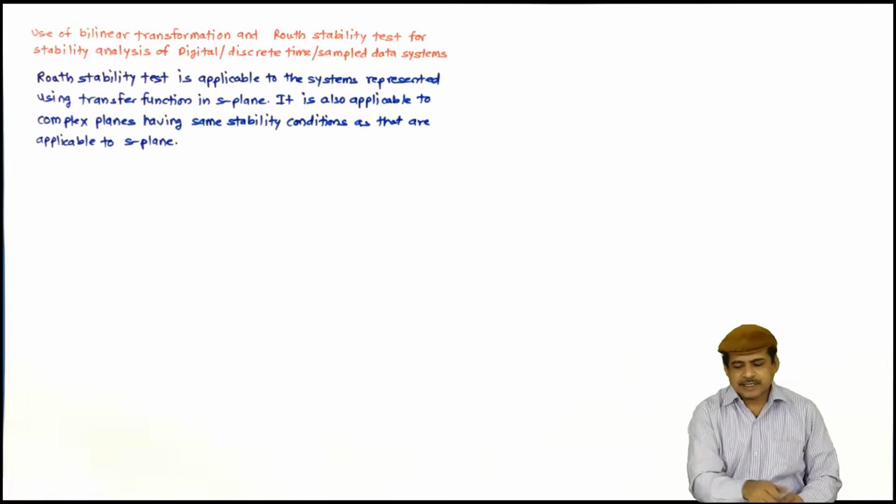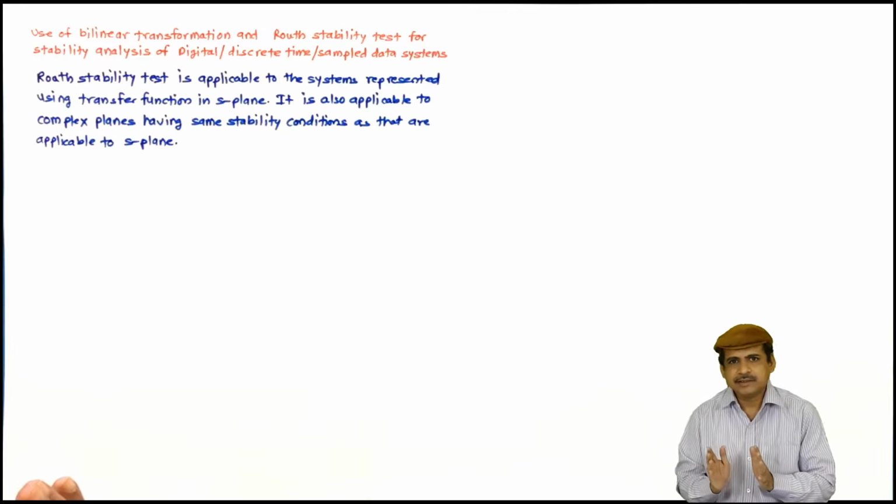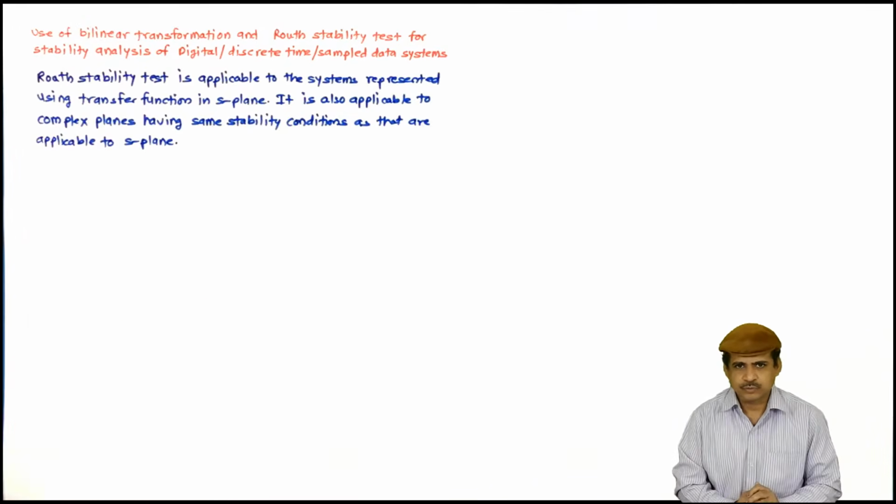And that means if we can transform the characteristic equation P of Z equal to 0 to that new complex plane, then we can apply the Routh stability test to this system also.